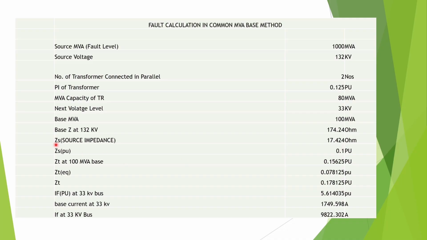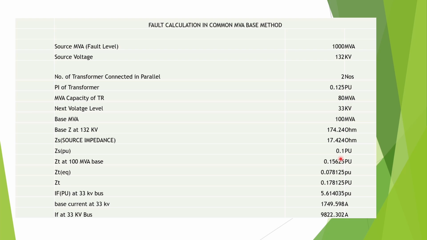Converting the source impedance to per unit, it is the source impedance divided by base impedance, 17.424 divided by 174.24, which comes as 0.1 per unit.